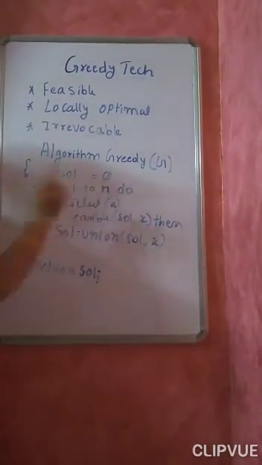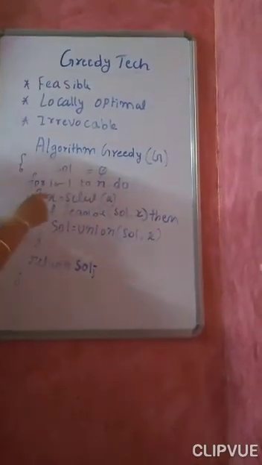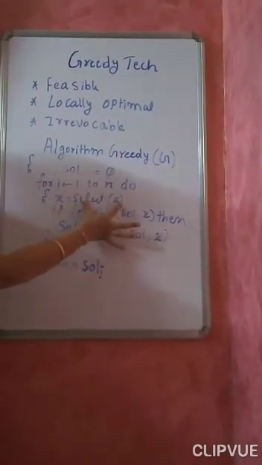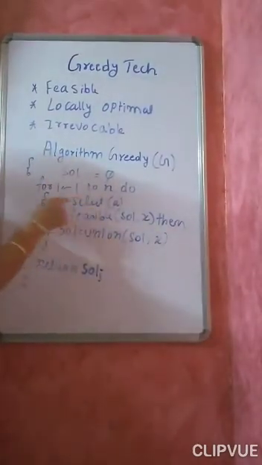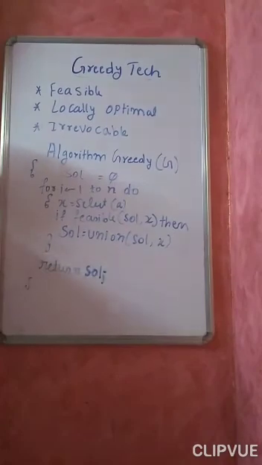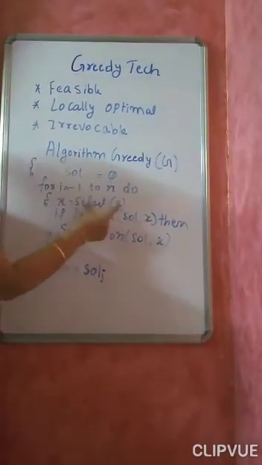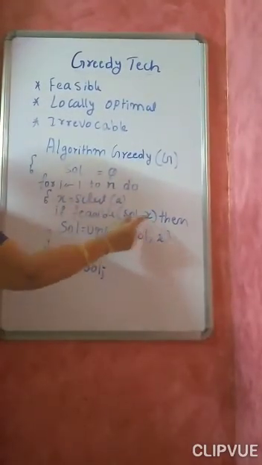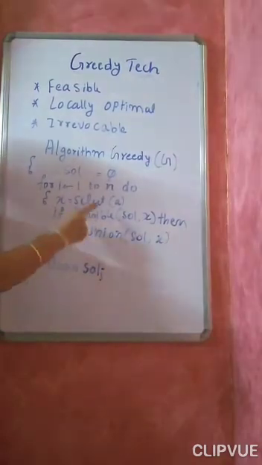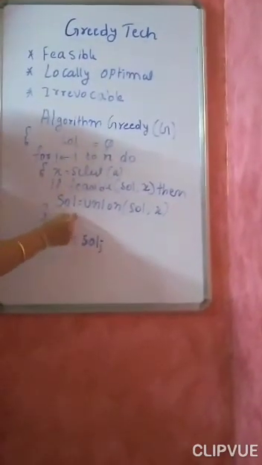For i equal to 1 to n, initially I select this as the solution for my first step, and add it to an intermediate variable x. Now I check whether this solution I got with x is feasible or not. If it is feasible, then I add that solution to the main solution.